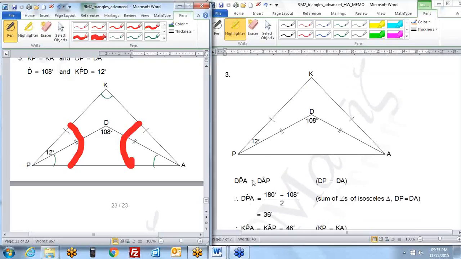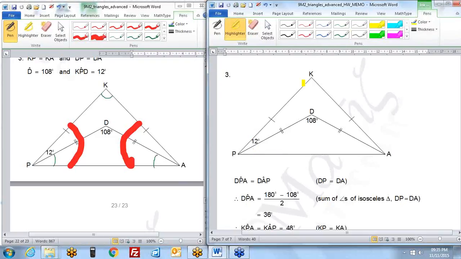Right, so firstly you're going to start off with saying that angle DPA, in other words this angle over here, that one there, is equal to angle DAP.